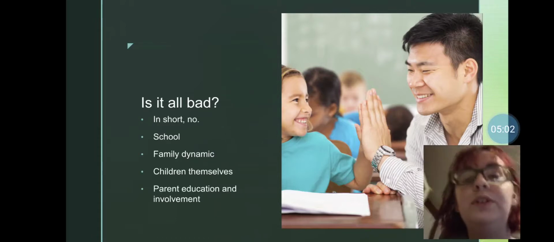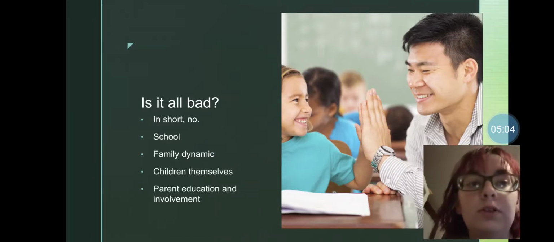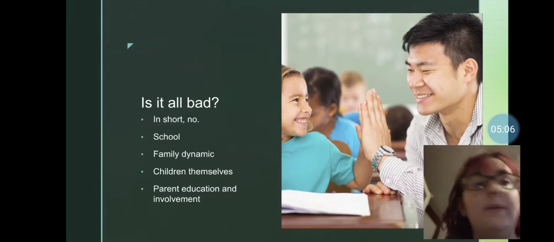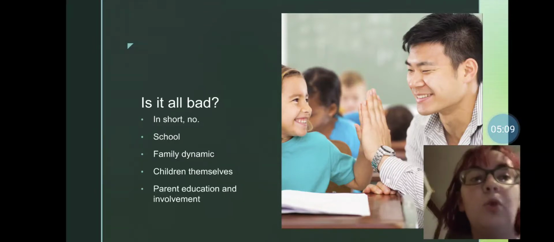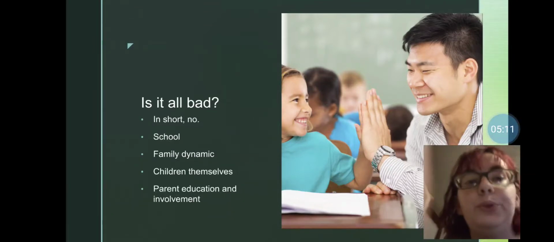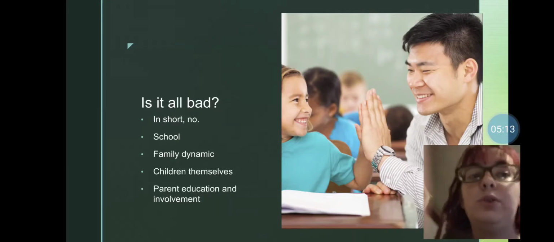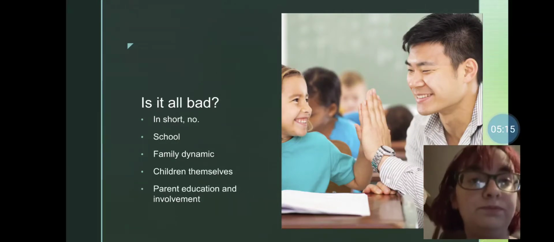They've moved. School. The more people they're exposed to at school and the better the teachers they have, the more likely they are to be able to bridge that gap that socioeconomic status may have already created.